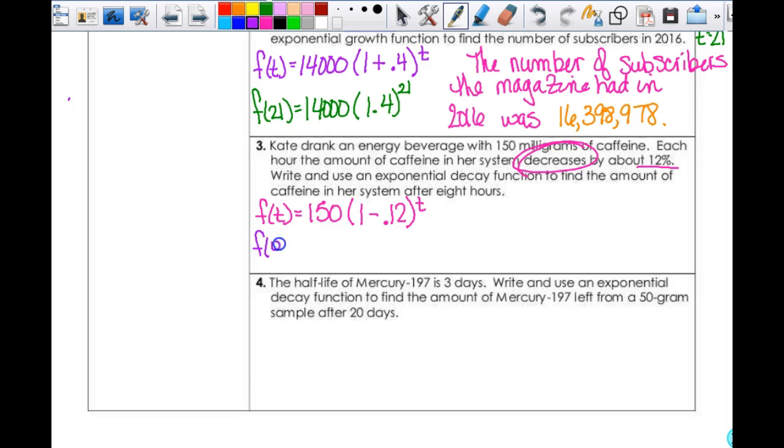So f of 8 equals 150. Now I got a couple of options here. Since I'm subtracting, it's not quite as straightforward and easy as the adding. You could leave it like that and let the calculator do it. But even though it's decimals, it's not that big of a deal, right? It's like 100 minus 12. So this would be 0.88. But again, you wouldn't have to subtract right then to the 8th power.